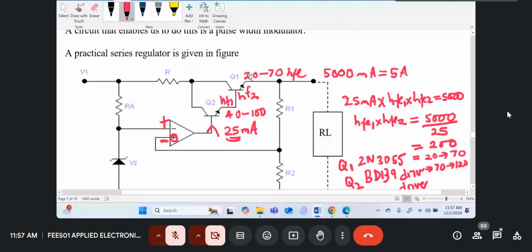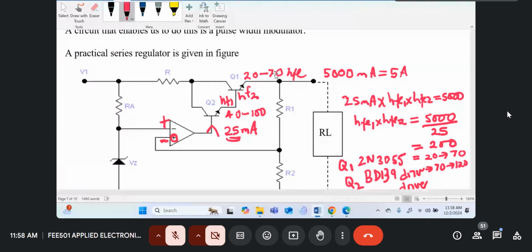So if I'm to design a series regulator with a Texas 741 op-amp, and instead of using a Darlington pair, I've just used one power transistor, in this case Q1, then with the 2N3055 the manufacturer says the HFE will range from 20 to 70, but I'm not sure which one I get when I go to buy one.